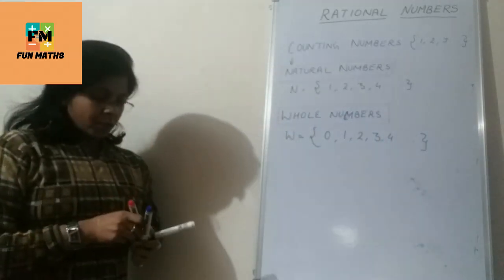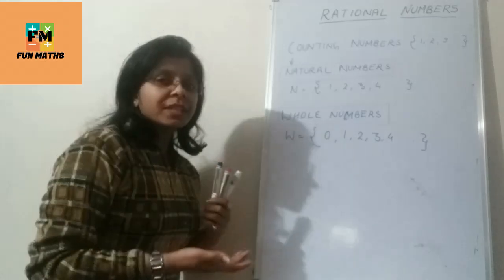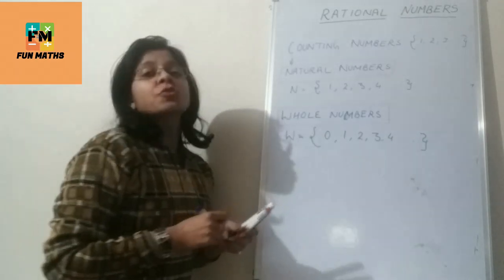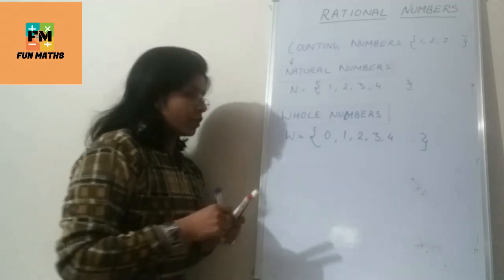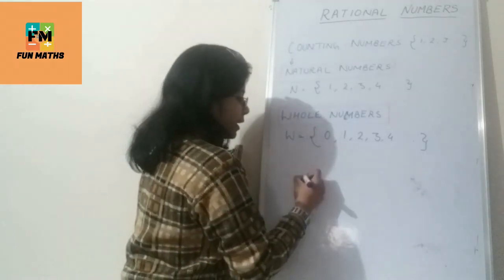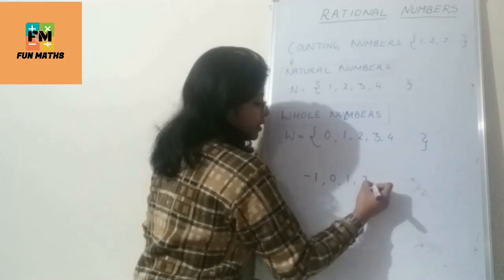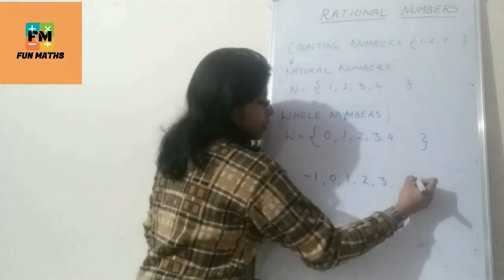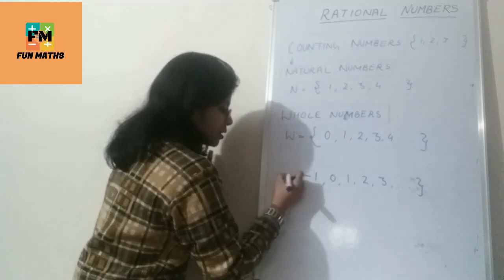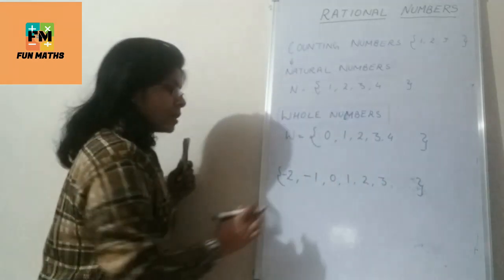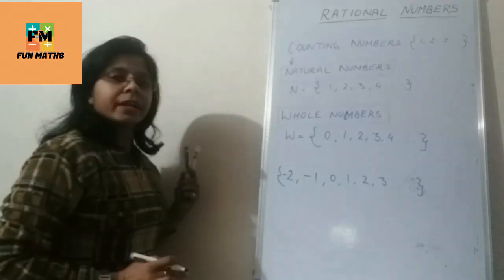Now let's start with the new set. See, after these numbers, we found the need for negative numbers also, to measure temperature, etc., right? So when we include a few negative numbers in this given set, on the right side we have positive numbers, on the left side we have negative numbers.